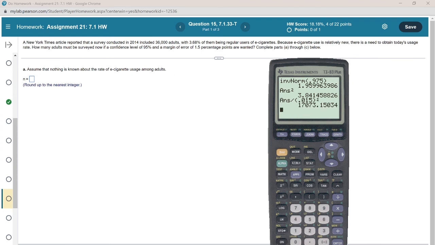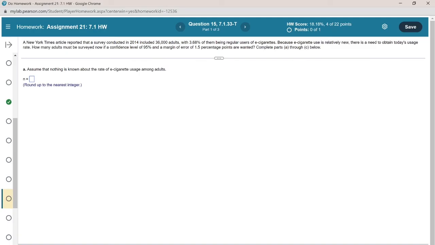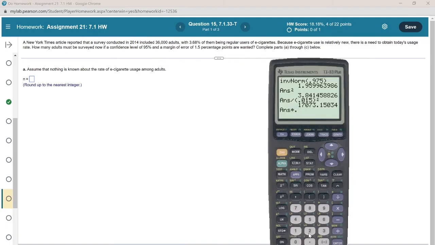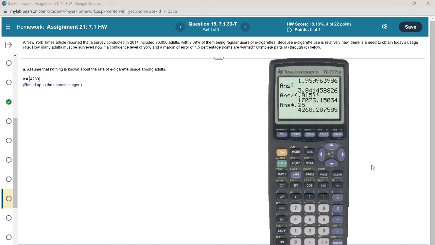And because there is no estimation known, we are going to multiply this by 0.25. That is the sample size. But whenever you try to find the sample size, you always have to round up to the nearest integer. It's 4268 point something, so the nearest integer would be 4269.